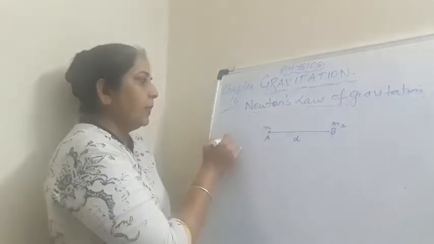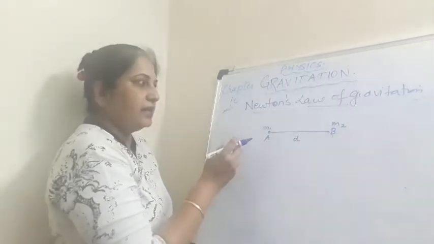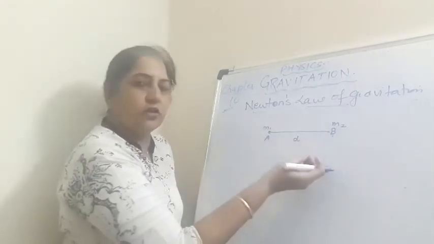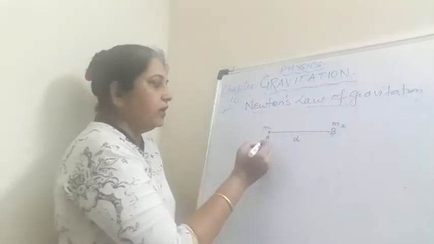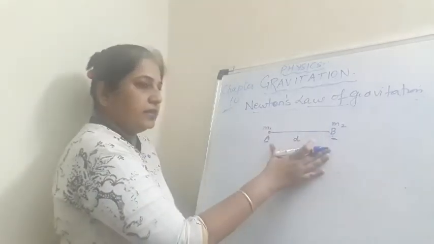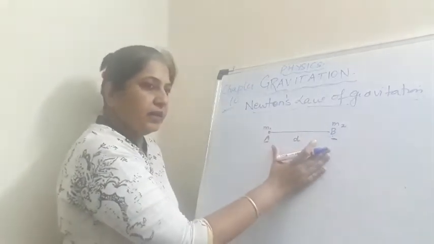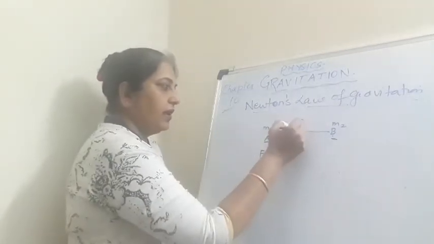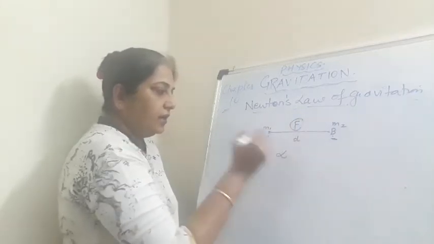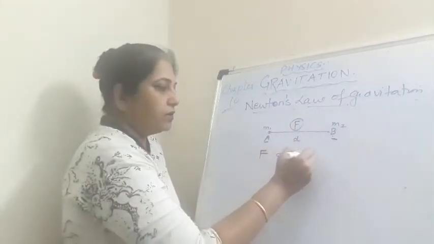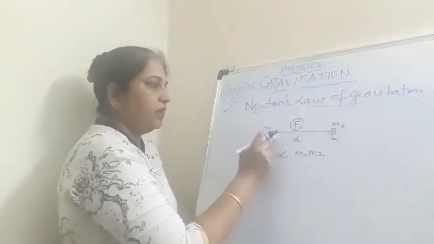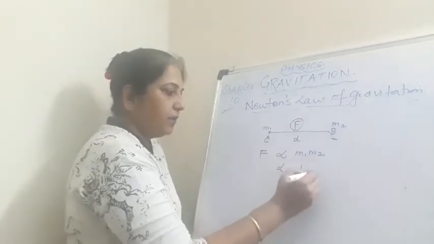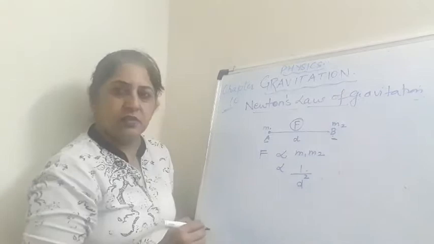According to Newton's law, every object will attract every other object. So if objects A and B are present, there will be a force of attraction between them, and this force of attraction, given by capital F, is directly proportional to the product of the masses, m1 into m2, and is inversely proportional to the square of the distance between them.